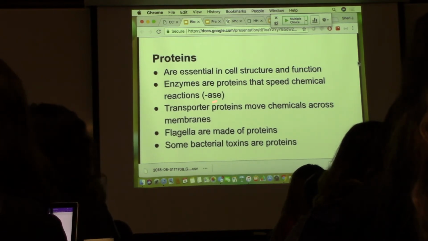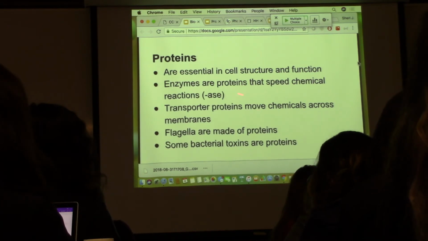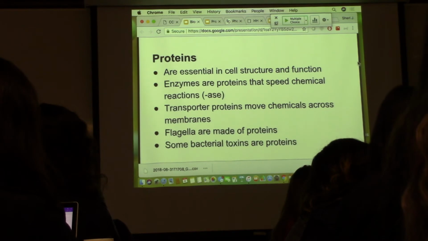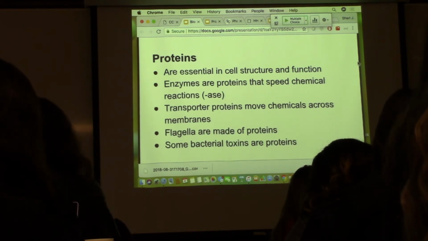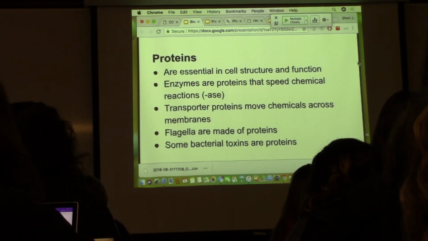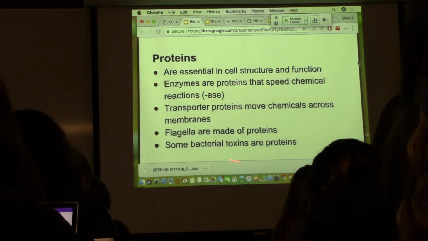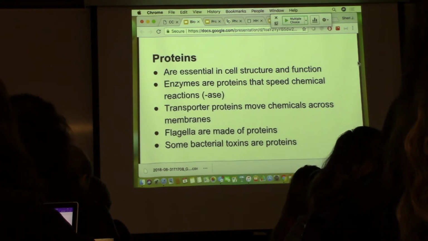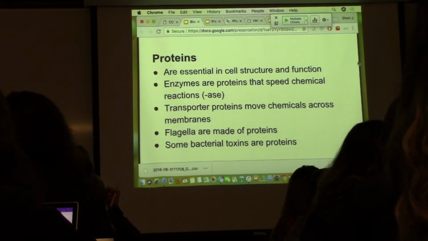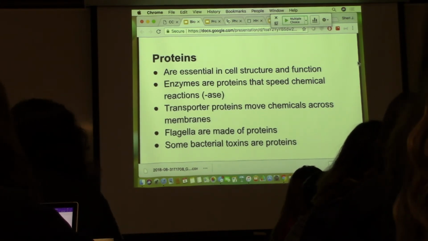They include enzymes that catalyze chemical reactions. They include transporter proteins we were just talking about that allow things to go through the cell membrane. If it's a bacterium with a flagella, the flagella are made of proteins. It's a structural component. And many bacterial toxins that we'll talk about later on as we focus more on disease and disease mechanisms, a lot of those are proteins as well.